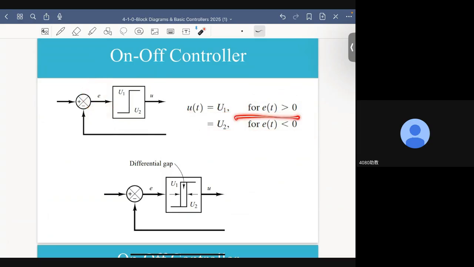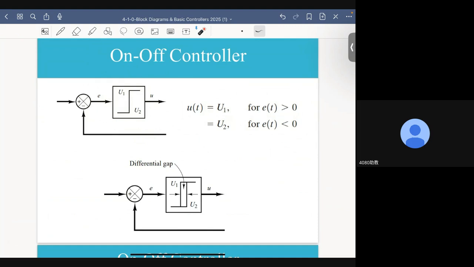Now, if the error is positive, then the controller produces an output which has a magnitude of U1. By contrast, if I have a negative error, then the controller output is chosen to be U2. So the controller switches back and forth between U1 and U2. And you can consider U1 as on and U2 as off.